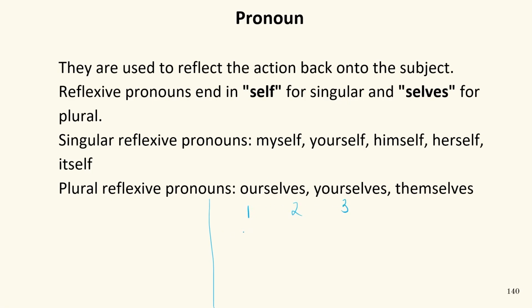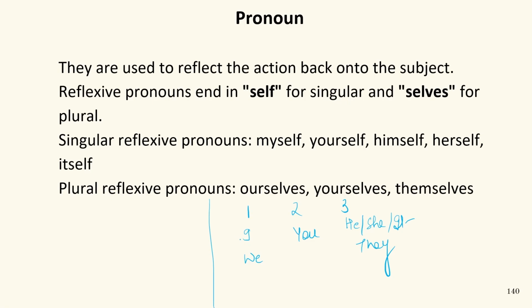This we have already discussed earlier. For example, here we have the words I, we, you, and we have the words he, she, it, and they. Now we have first person, second person, and third person.